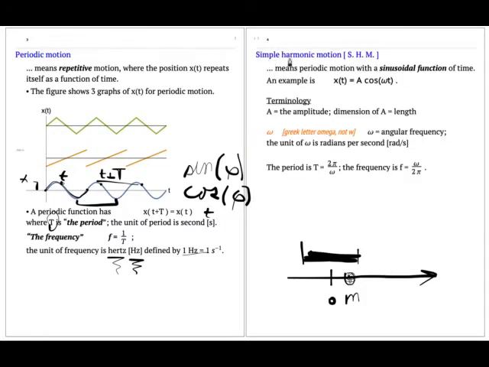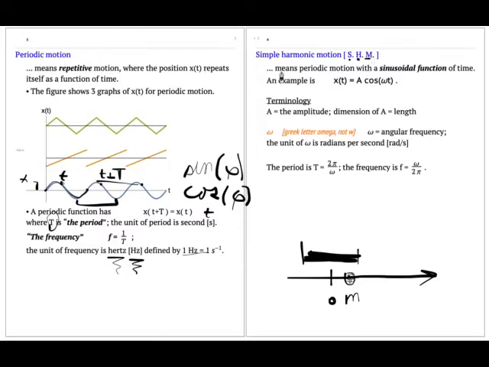Now, one example of periodic motion, one special case, is simple harmonic motion. Most of the vibrations that we encounter in mechanical engineering, or even in chemistry or physics, are well approximated by simple harmonic motion.